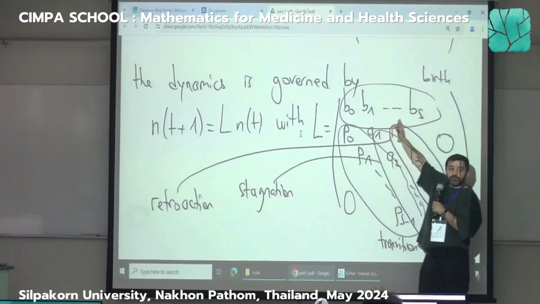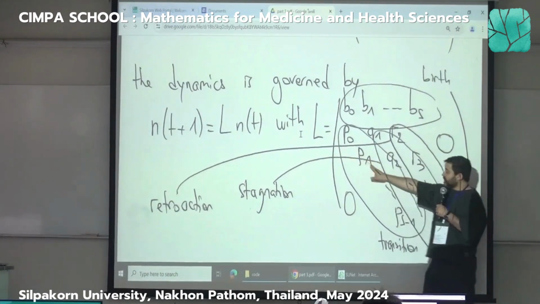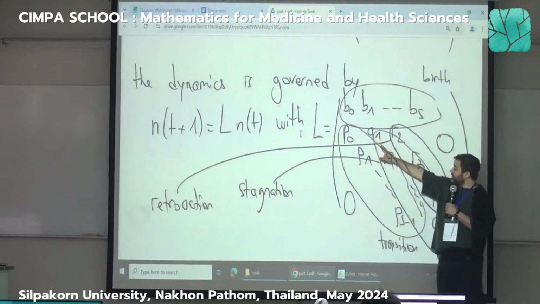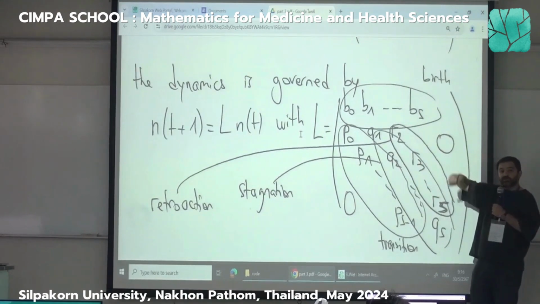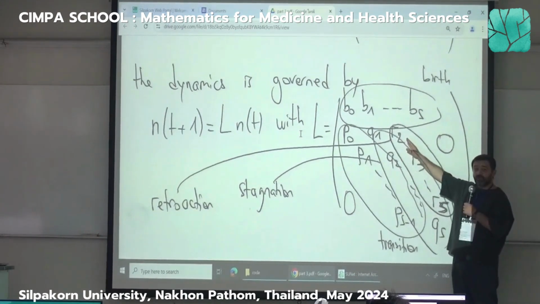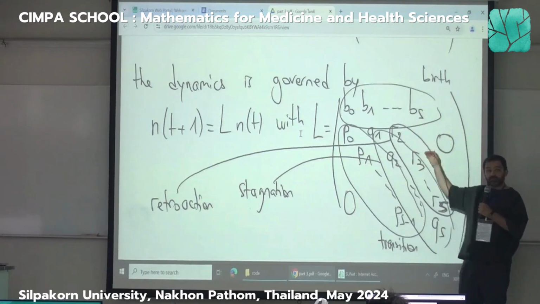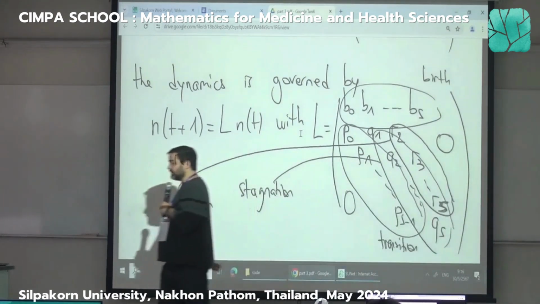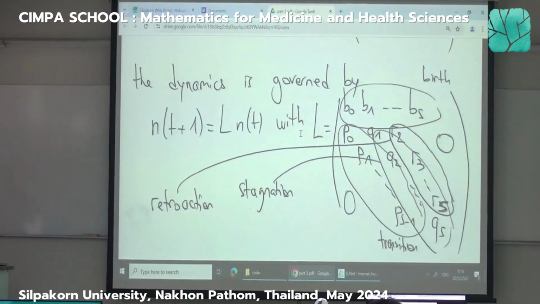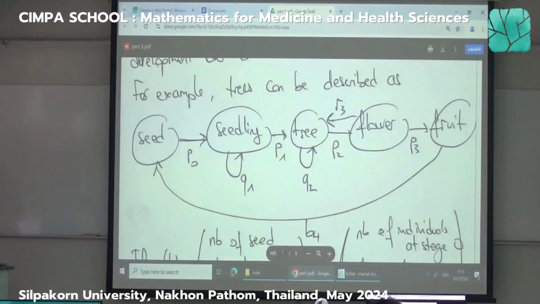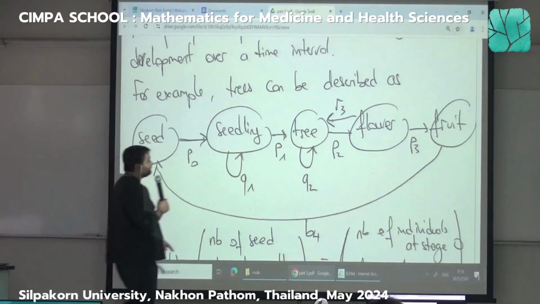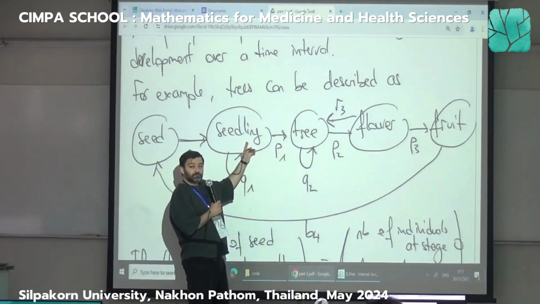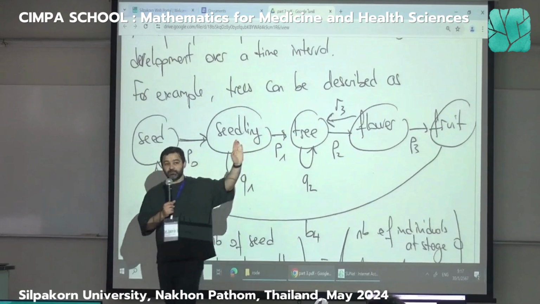You put the births here, the survival below the diagonal. In the diagonal you have the stagnation, so you remain in the state. Here you have the retroaction, you just come back in one arrow, and you can continue like that. If, for example, from here you can come back here, you add another diagonal.